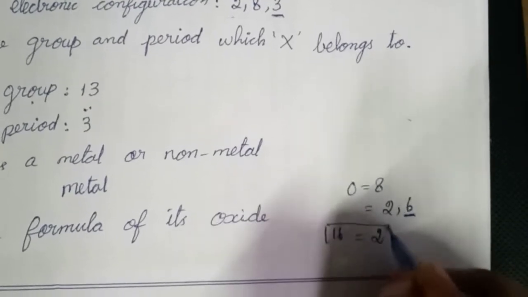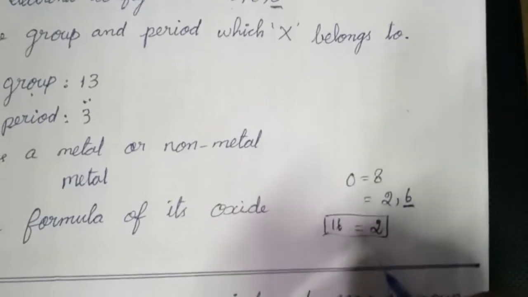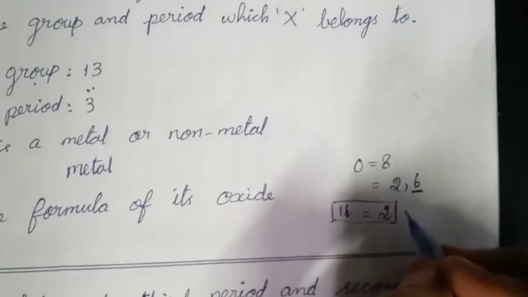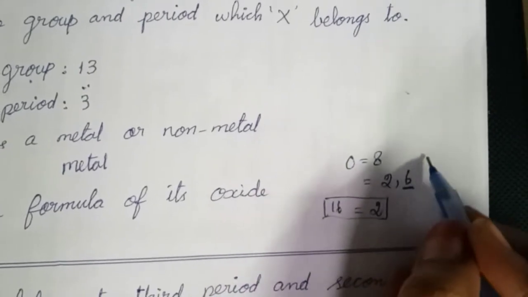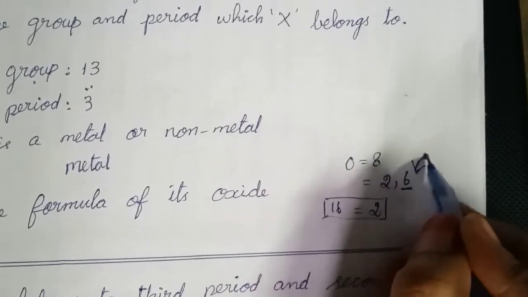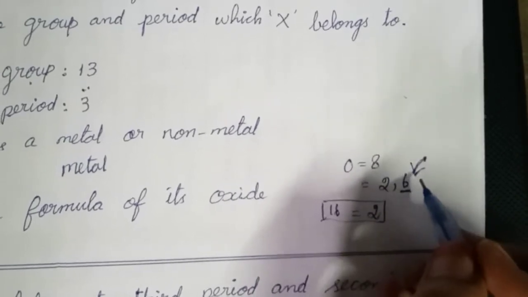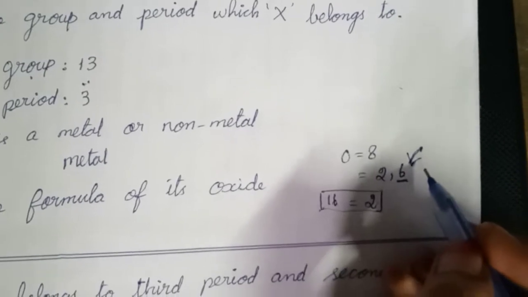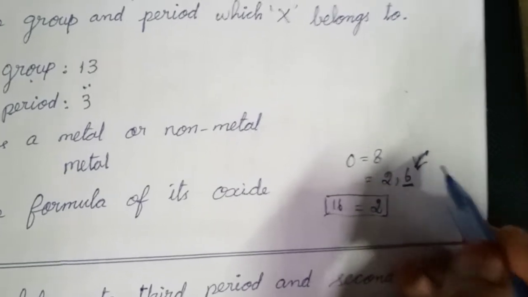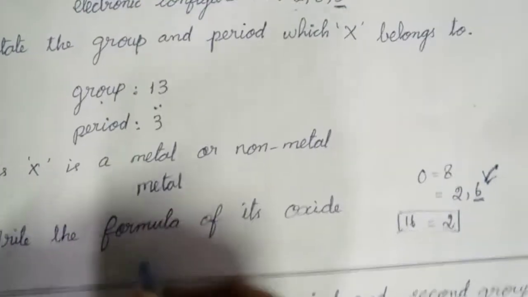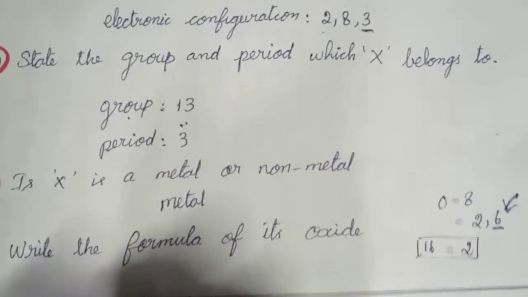In this way we simply identify the valency, or otherwise it gains 2 electrons from some other atom and attains its octet configuration. So the combining capacity is 2. First we write the symbol of the element.